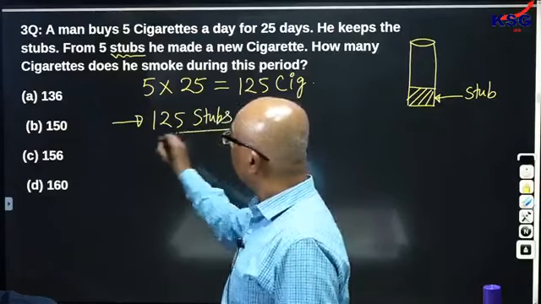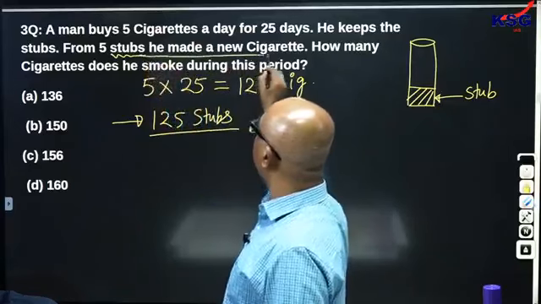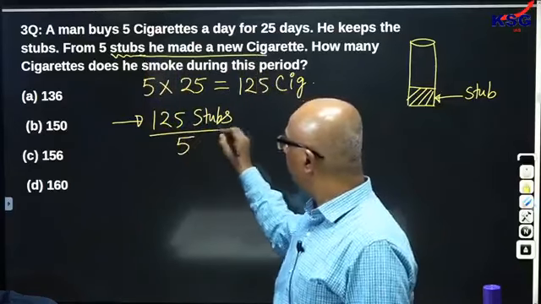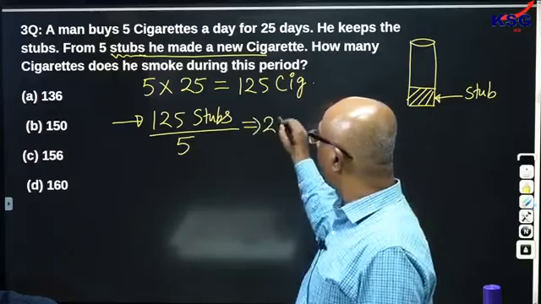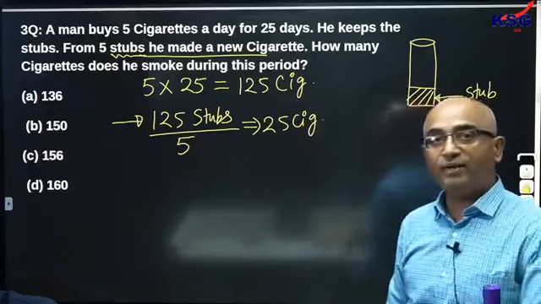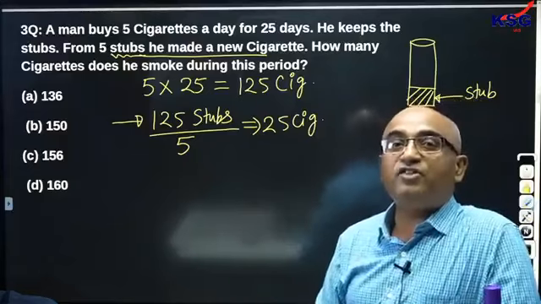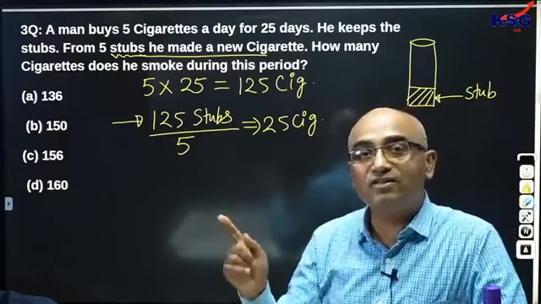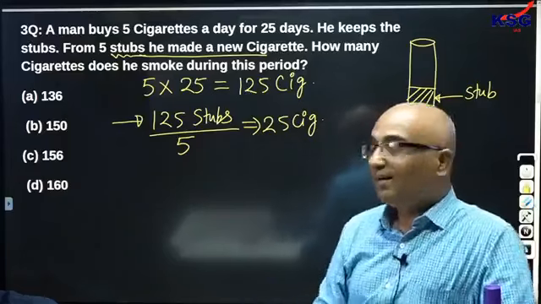Student, in the second line, using 5 stubs, he makes one new cigarette. So dividing by 5 will give you 25 more cigarettes. Wait, student. This person is a chain smoker. So to answer this question, a chain is required.